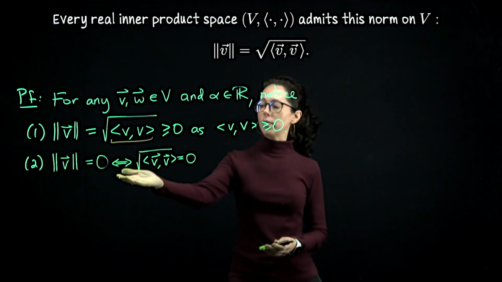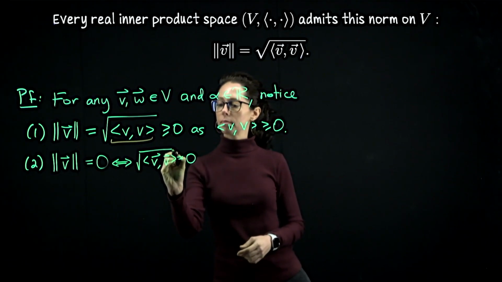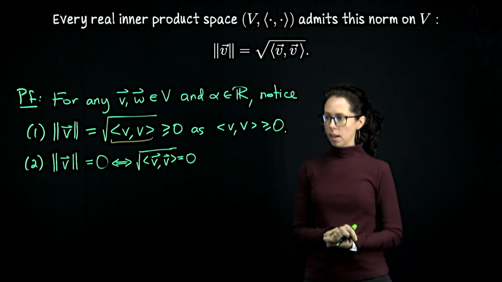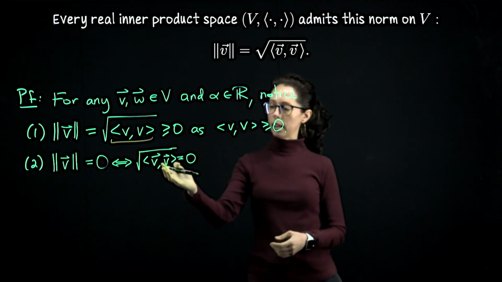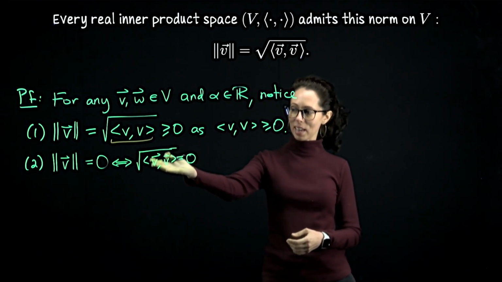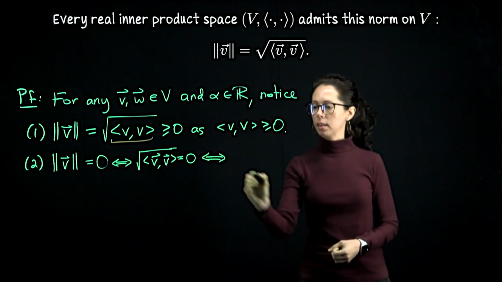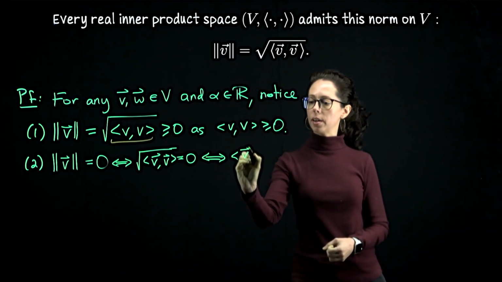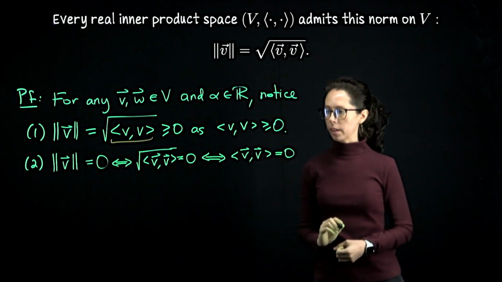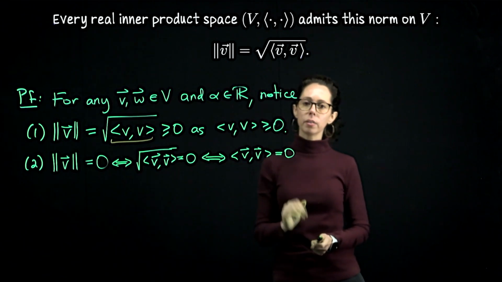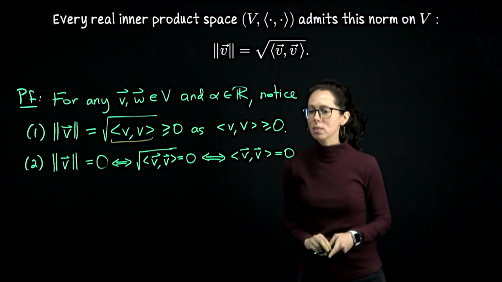So here my if and only if is kind of like saying this is exactly that. Square both sides, or just recognize that a square root of 0 is 0 if and only if the inside is 0. So this is if and only if the inner product of V with itself is 0. So the square root is 0 if and only if what you took the square root of was 0.